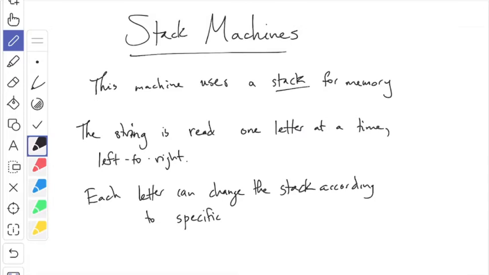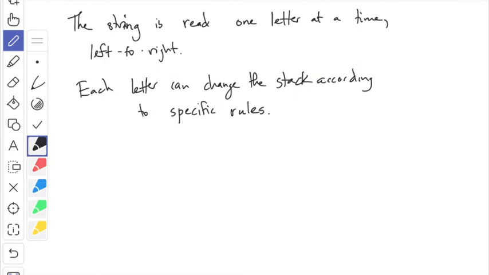That's how we're going to describe the machine. There's no kind of diagram for it. It's just a list of rules that you use to describe the machine. Each letter can change the stack according to specific rules, and those rules are the machine. There's no diagram that goes along with it. All right?